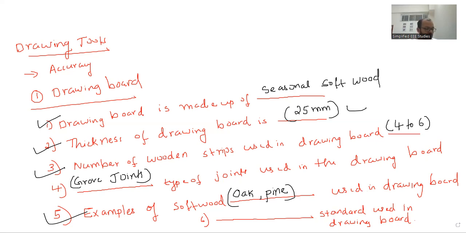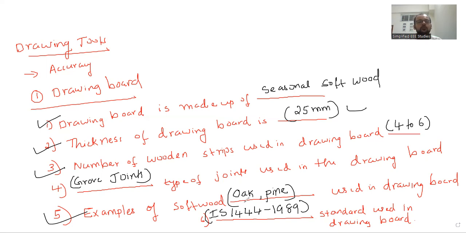Usually we follow IS 1989. IS, Indian Standard. IS 1989 standards are followed for the drawing board, and this standard must be followed.